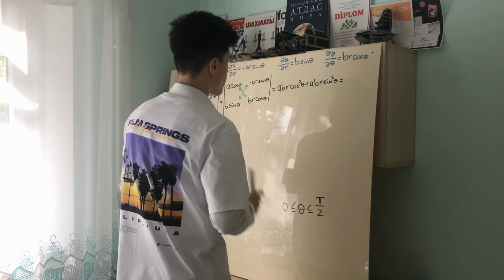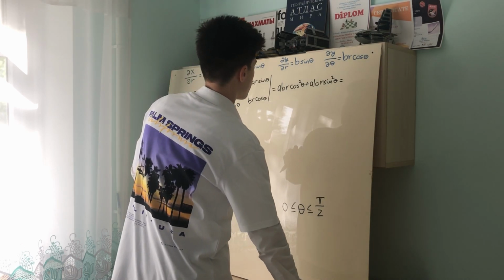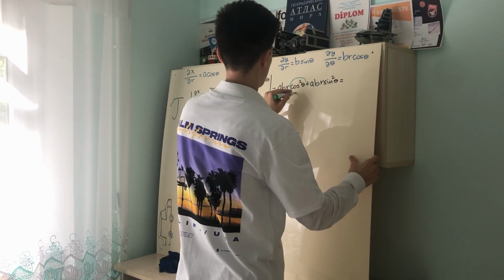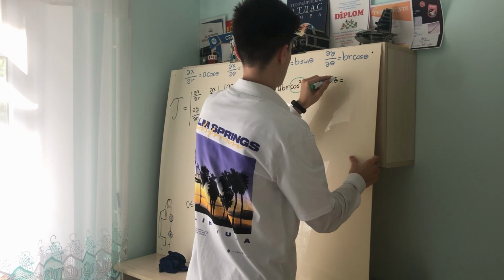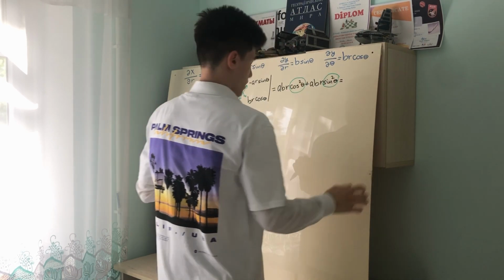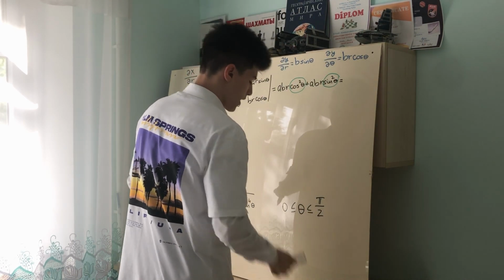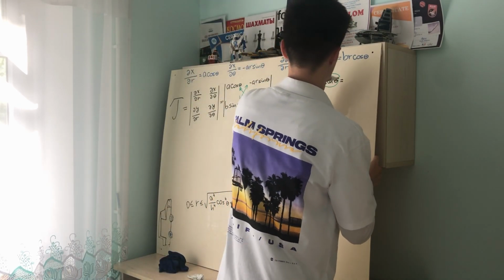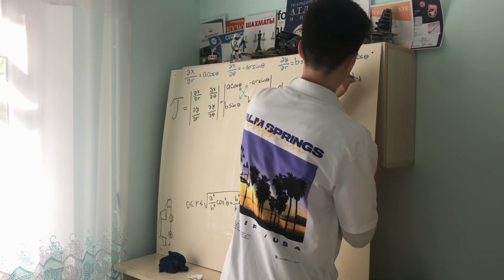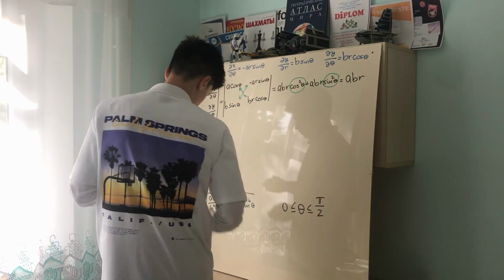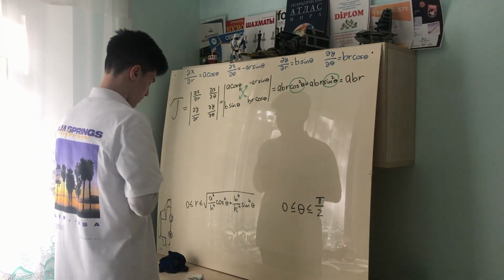We know from trigonometry that this one plus this one gives 1. So we have a b r. Our Jacobian is a b r.